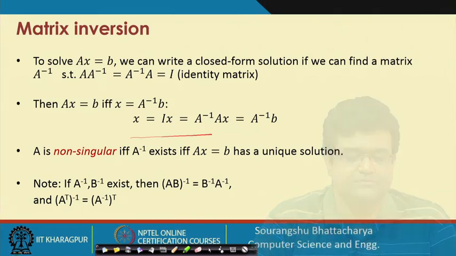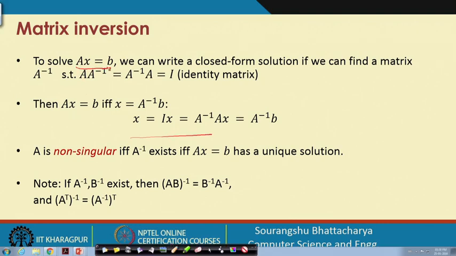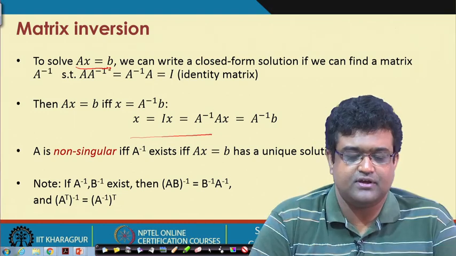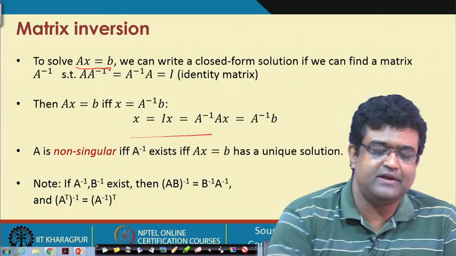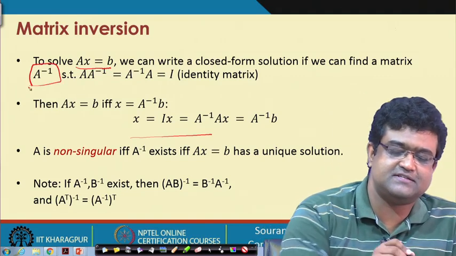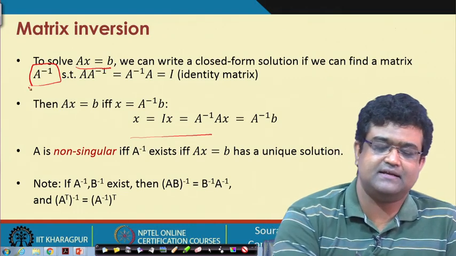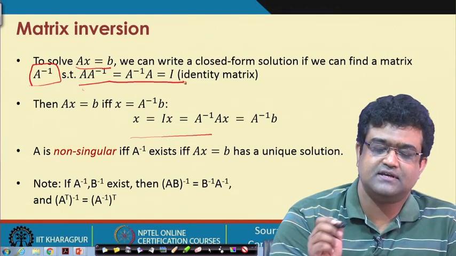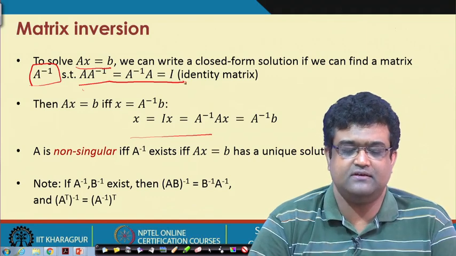Next, we discuss the concept of the inverse of a matrix. In order to solve the system of linear equations A times x equals b, we can write a closed form solution if we can compute a matrix called A inverse, which has the property that A times A inverse equals A inverse times A equals identity.